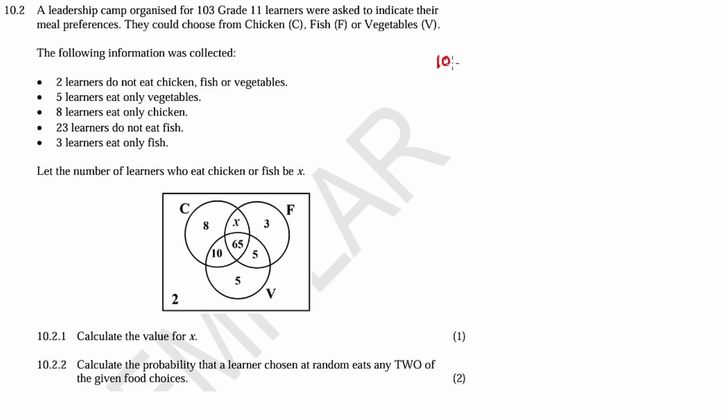So the 10.2.1, okay. You just add everything. When you add everything, you should get 103.